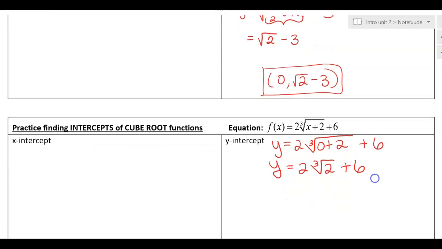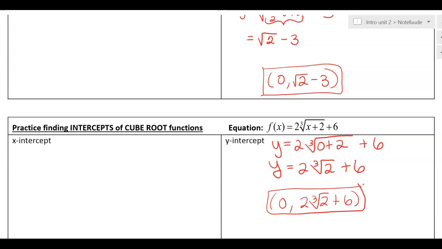And so then we're going to leave it like this. So our y-intercept for this cube root is this. It's super ugly, but we're just going to let it be. We don't have to do any more work, so that's okay. All right. And again, if 8 was underneath the cube root, I would keep going because I know the cube root of 8 is 2, and then I would finish the calculation. But it's not like that, so that's why I'm stopping.